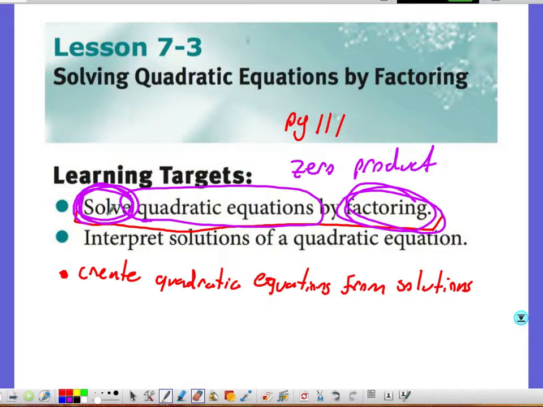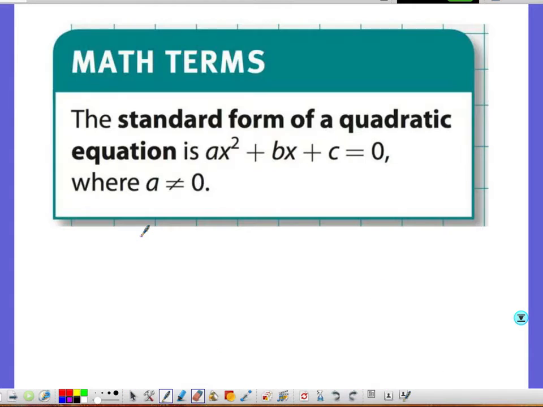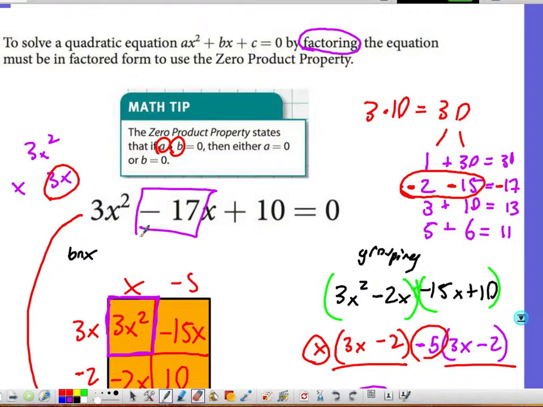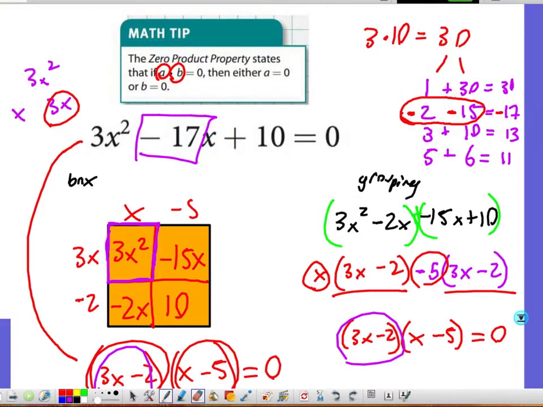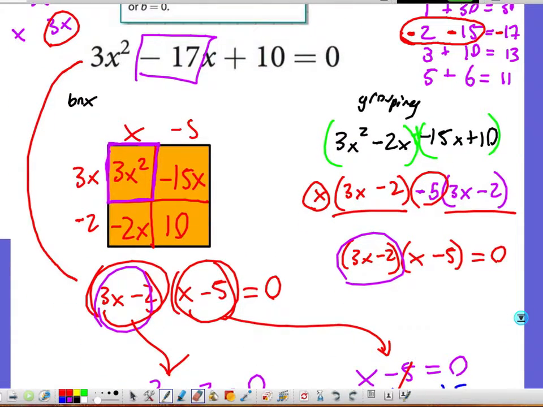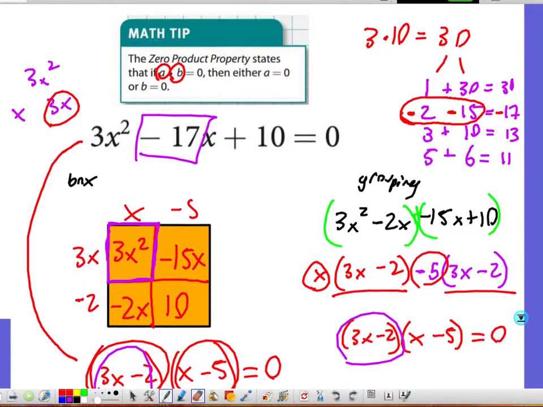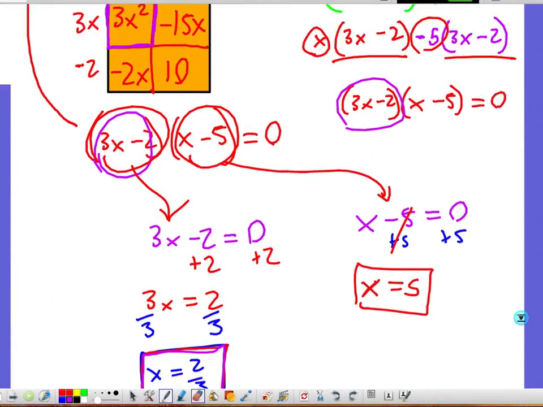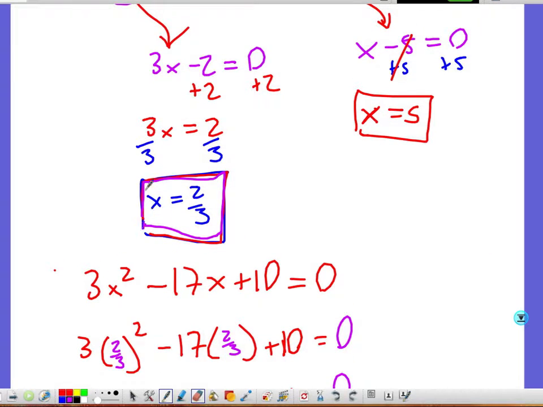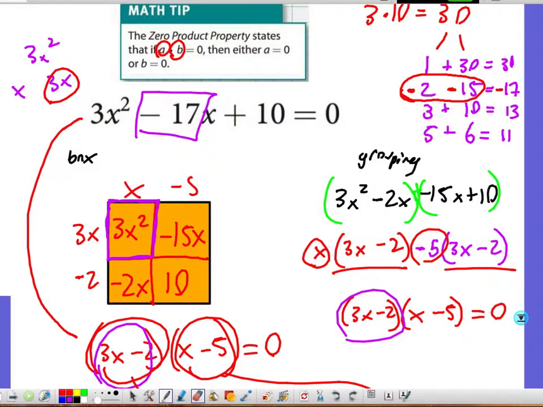So we found two solutions. This is why we have the box method and the grouping method, in order to enable us to factor a quadratic equation and to solve it in the very end. And those are my two solutions for this quadratic equation.